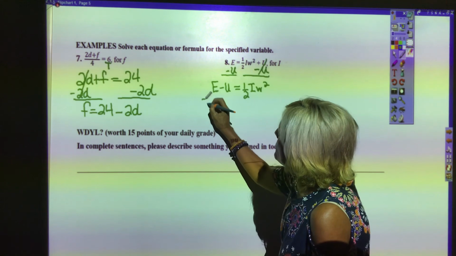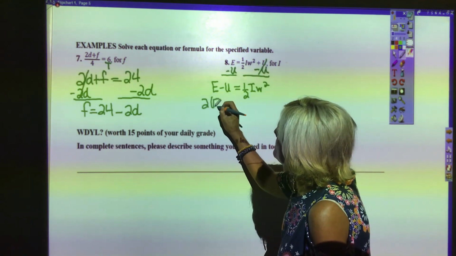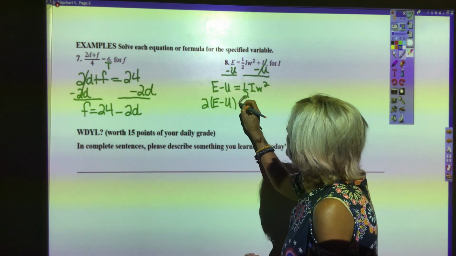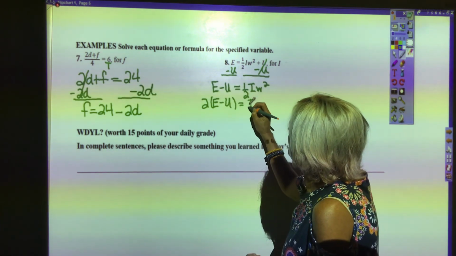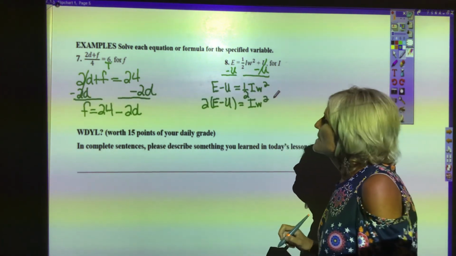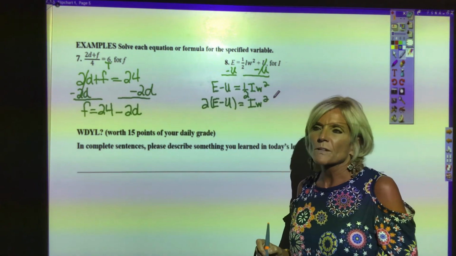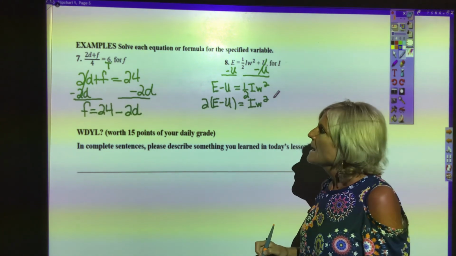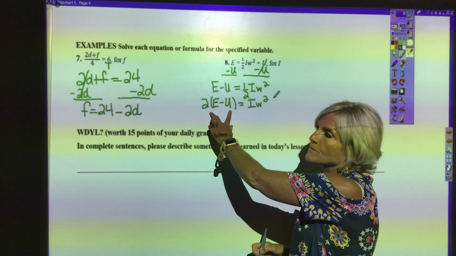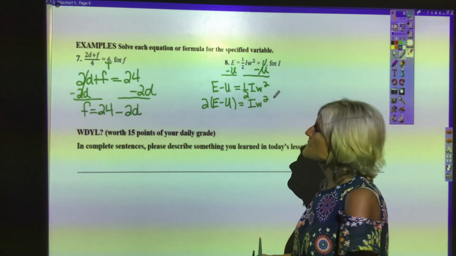And I'll just set that up for us. So 2 times E minus U equals IW squared. And I'll just say, since we're just dealing with letters and we really can't do a whole lot of simplifying, I think we can just leave this step alone without distributing through, and then just go to our next step.